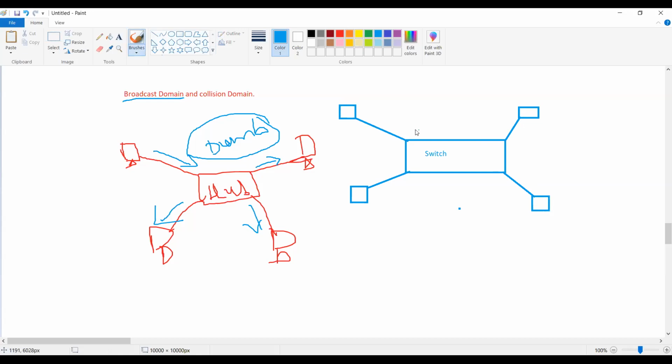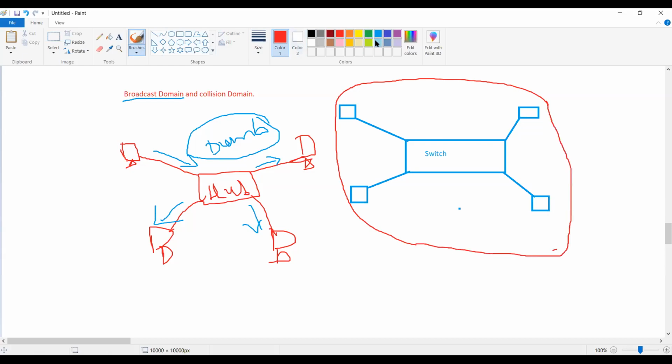Now, if you consider this switch, by default it has a single broadcast domain and per-port collision domains. Am I clear? This red one is the broadcast domain, the red colored one.